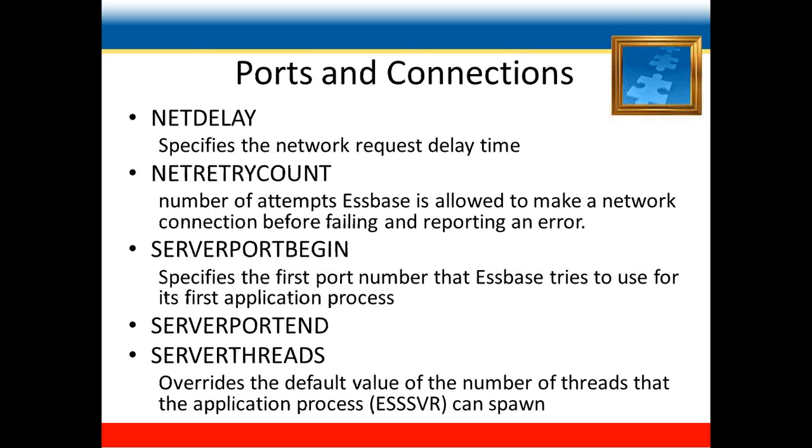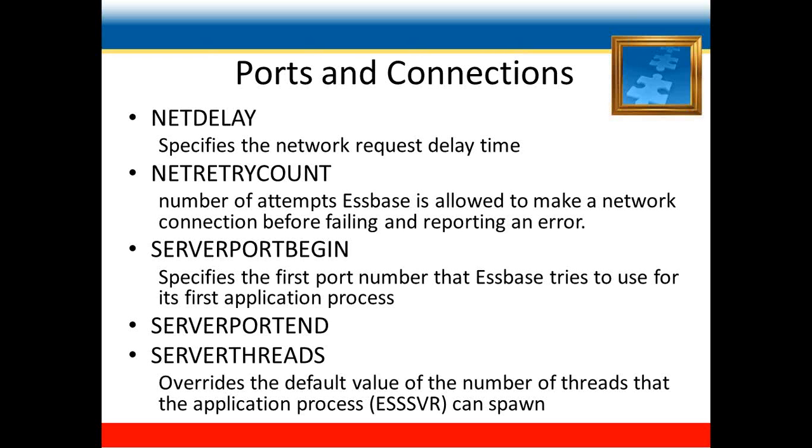Some of the ports and connection settings that we can specify in this file are the net delay setting, net retry count setting, server port begin setting, server port end, and server thread setting. The net delay setting specifies the network request delay time. Then we have the net retry count setting, which specifies the number of attempts Essbase is allowed to make at a network connection before failing and reporting an error.